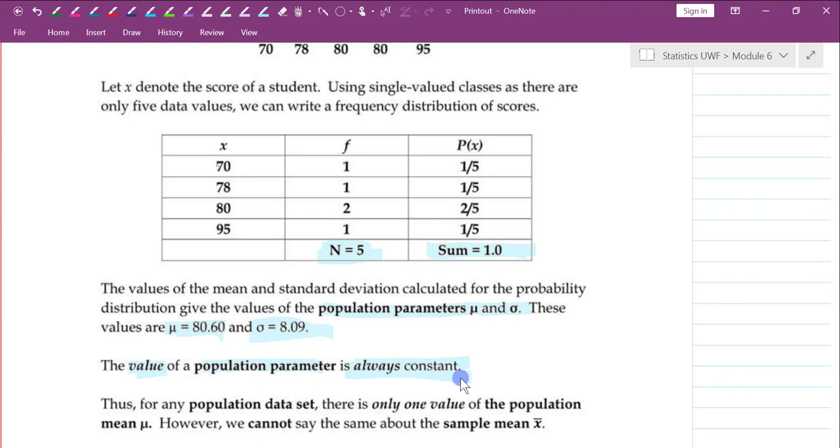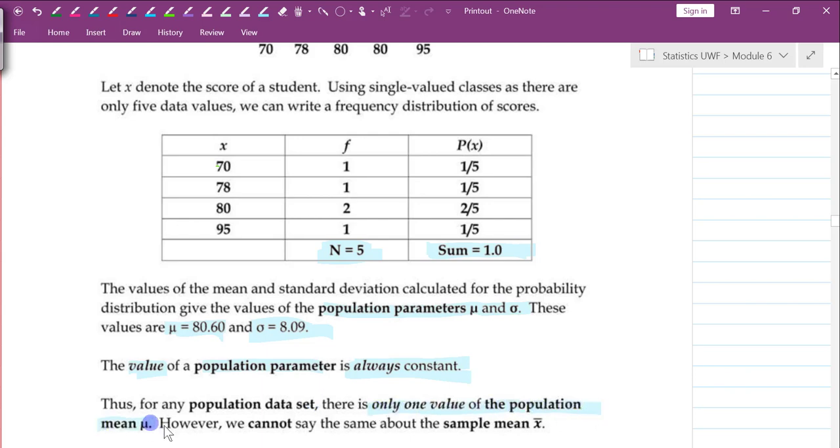We're not ever changing the size of the population, because it is every single element that's possible. And therefore, if we have the population data set, we can only have one value of the mean, and the same concerning the population standard deviation.